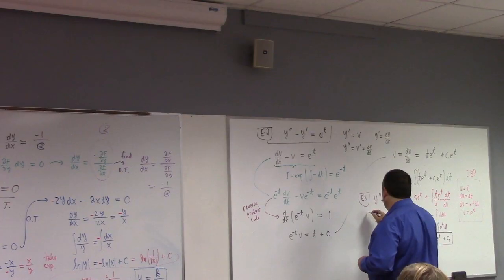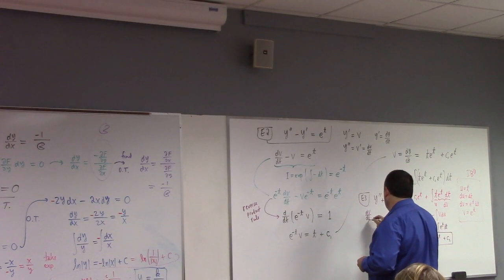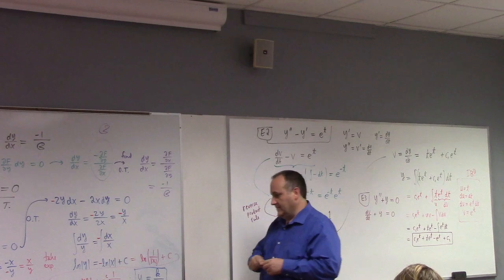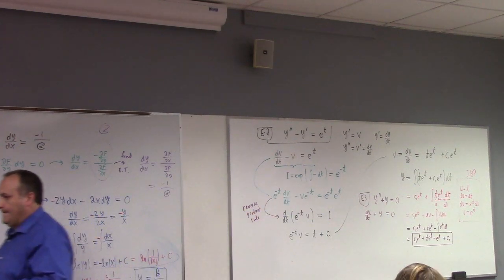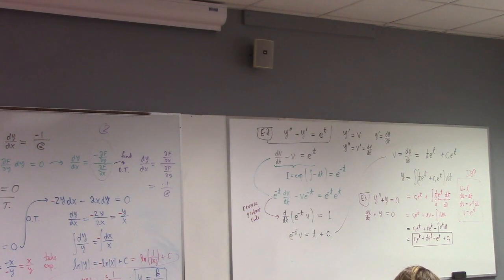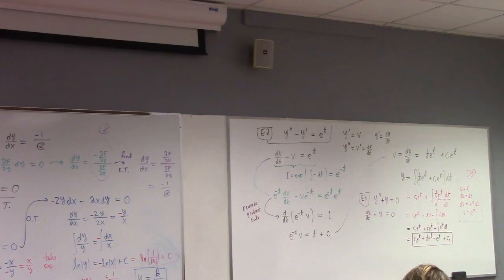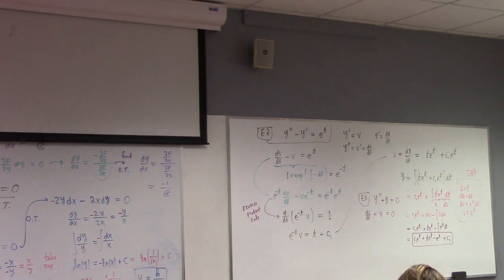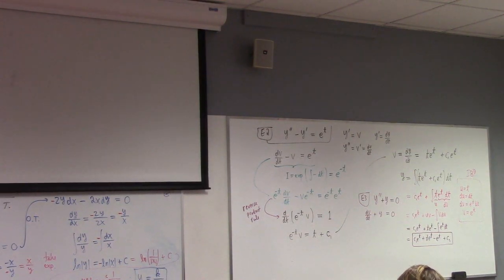I'll get you started. That would be dv/dt plus y is equal to 0. You should reach an immediate roadblock, right? What's the problem?